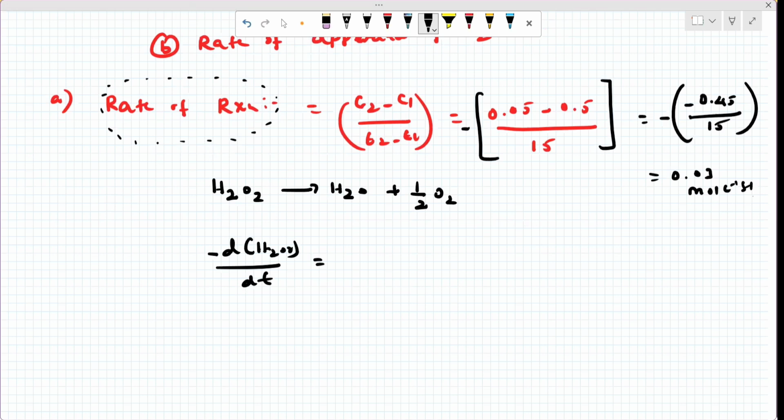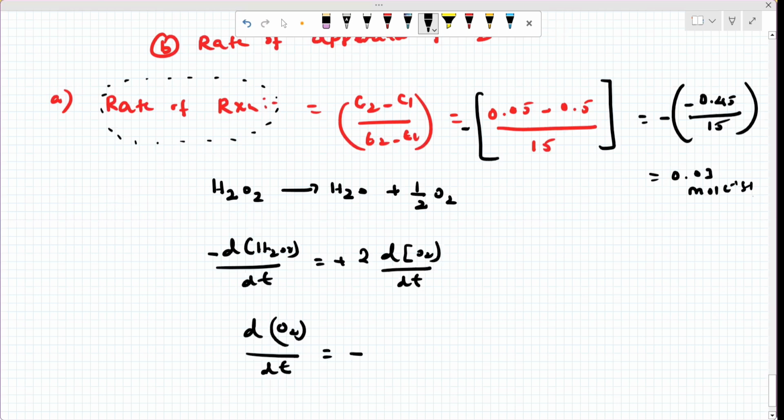They are asking the rate of appearance, so only d[O2] by dt. That is 0.03 by 2, so the answer is 0.015. Please note, it's a basic question.